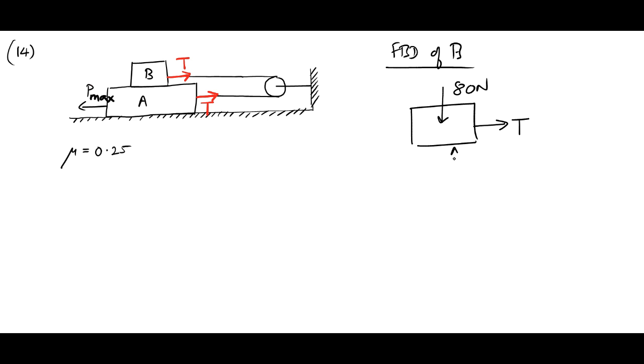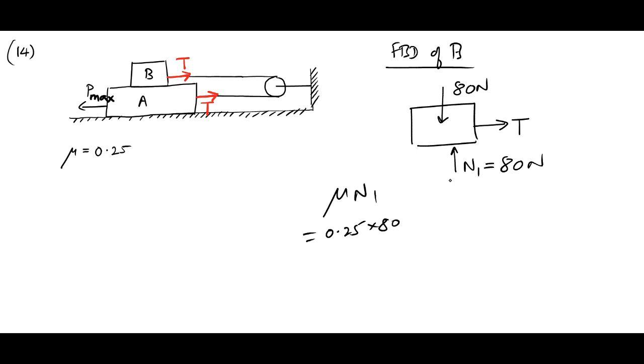So that's going to balance it. The normal reaction, I'll call it N1, 80 newtons. And the frictional force is a limiting frictional force. So its value must be mu times N1, and that's 0.25 multiplied by 80.